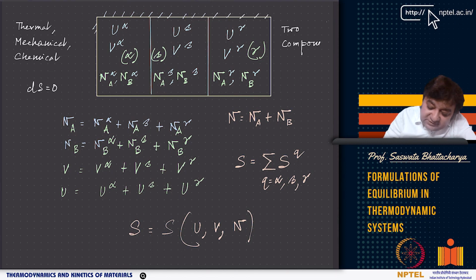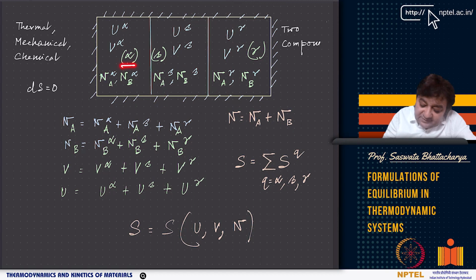Overall the composite system is isolated, which means it cannot exchange any matter or energy with the surroundings, and it contains three subsystems here: alpha, beta and gamma.